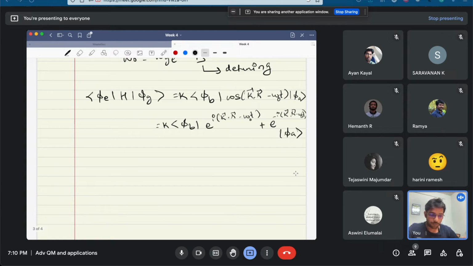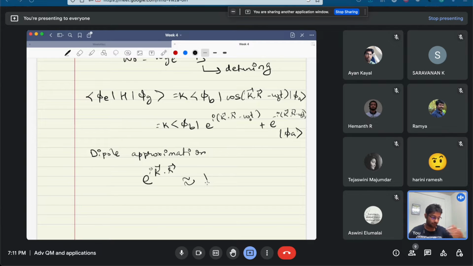Now the first approximation that one considers is something called the dipole approximation. What this means is that the exponential of k dot r is essentially taken to be 1. What that means is that your lambda is much larger than your r, so k r gives rise to a very large number.